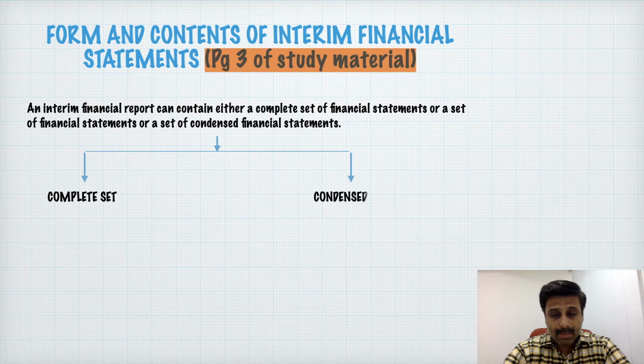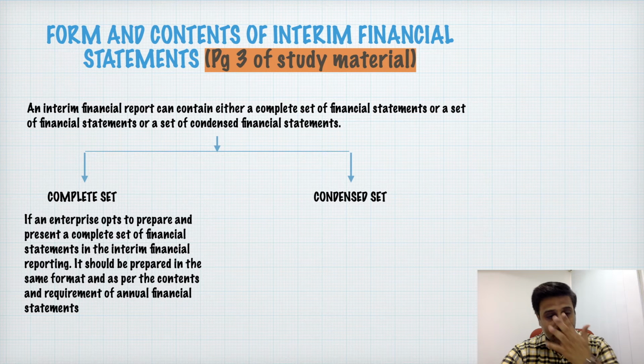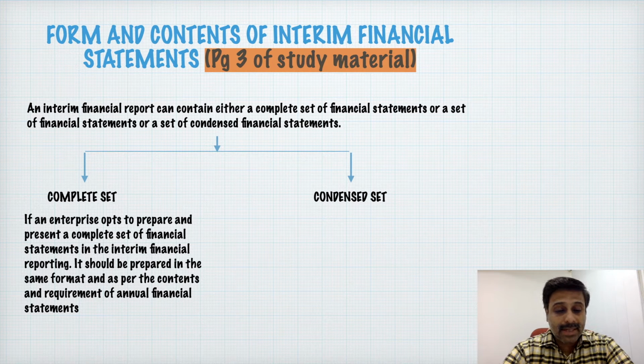See, complete set means if an enterprise opts to prepare and present a complete set of financial statements in the interim financial reporting, it should be prepared in the same format and as per the contents and requirements of annual financial statements.